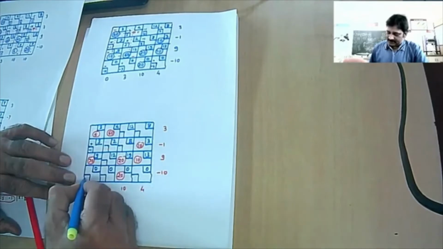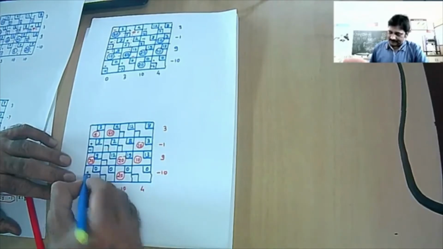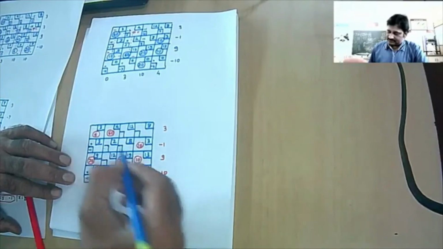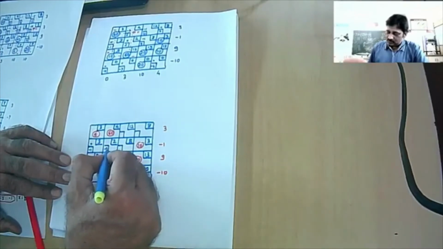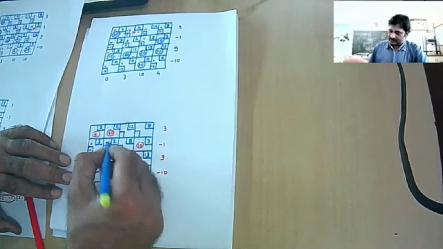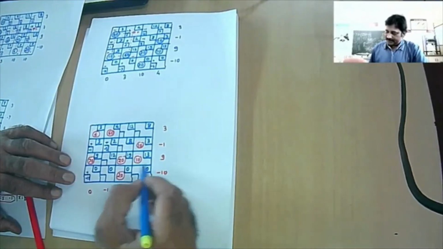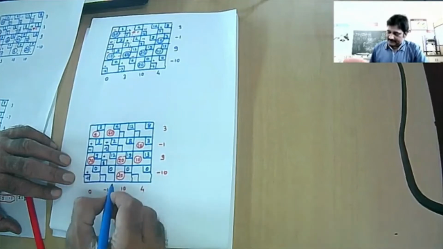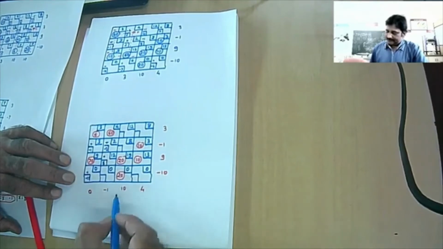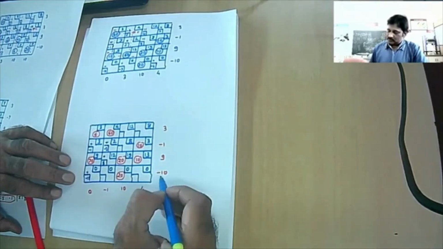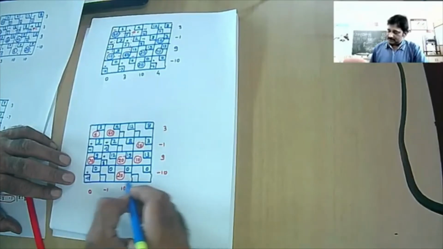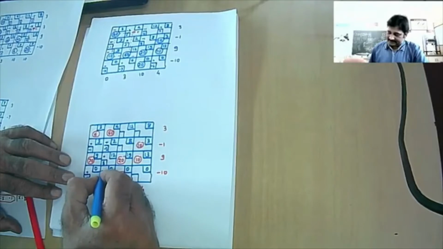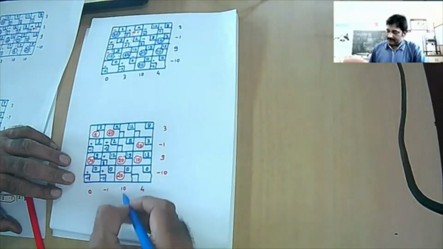Then minus 10, again positive. Then here minus 1, it is minus 2, so positive here, 2 minus 2, 4. Here it is coming out to be 8, positive again, and here it is coming out to be minus 11. So 0 minus 11 gets you a positive quantity.